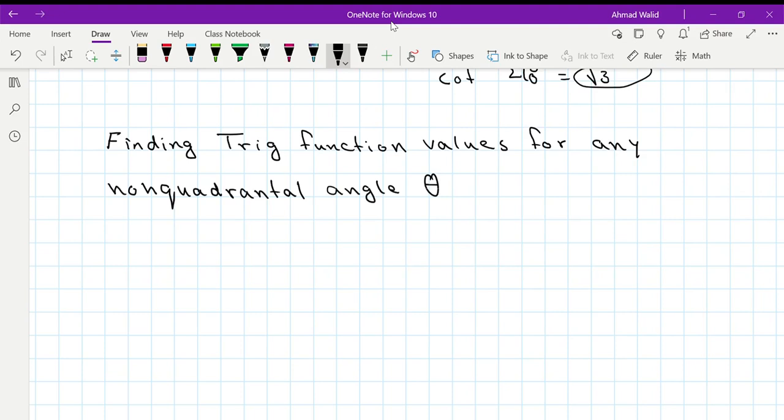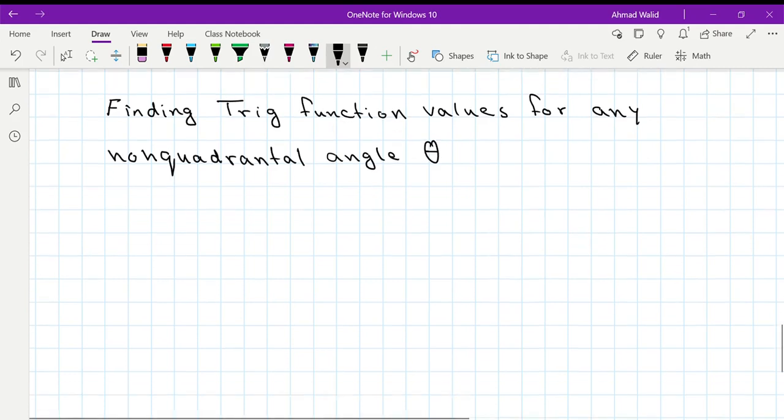If I give you any non-quadrantal angle theta, follow the steps and you can find all 6 trig functions for that. I will write the steps here.